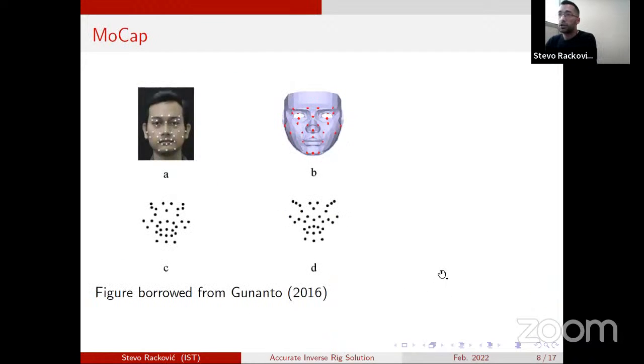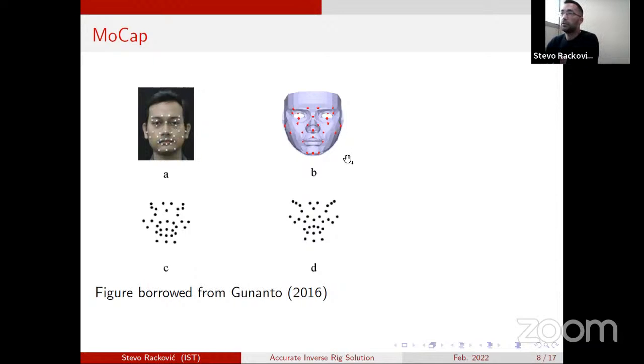And as I mentioned, all of the blend shape models used in the literature are linear, and this is usually good enough for simple models like this. For example, usually the mocap, which is motion capture of the actor, demands a set of markers on the face of the actor, which is the source, and then on the target, a set of motion markers that correspond semantically to the same points on the face.